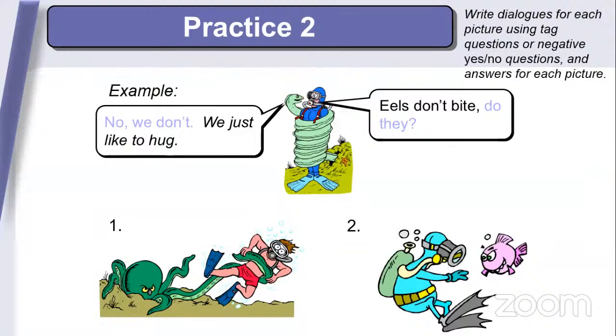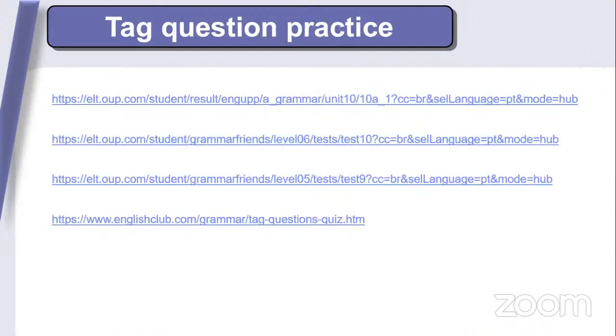Okay, maybe it looks like a piranha, right? You can say you don't bite, do you, or something like that? No, I don't bite. I don't know. Okay, but now we're going to practice with some tough questions.